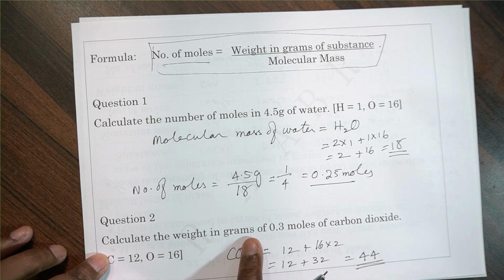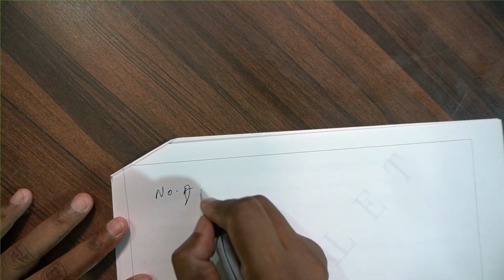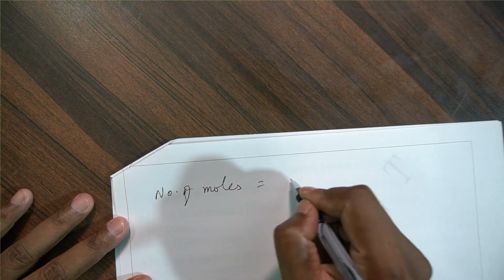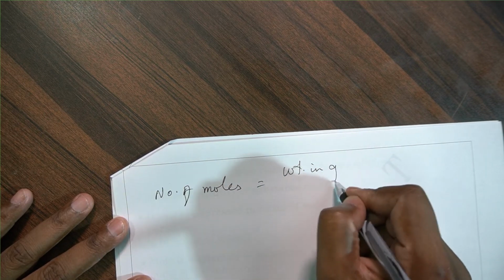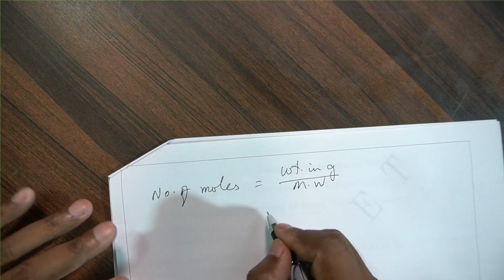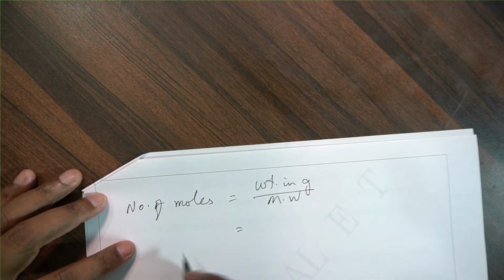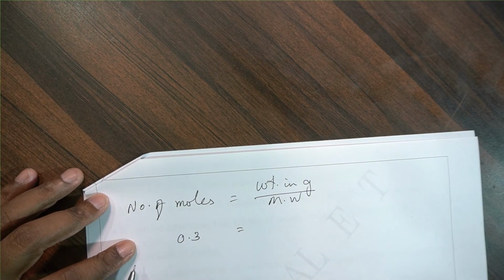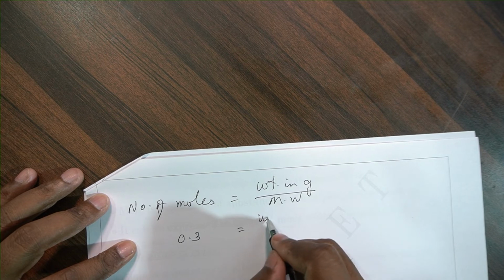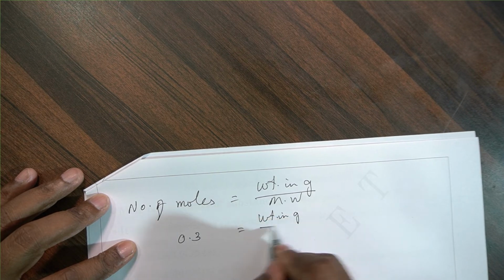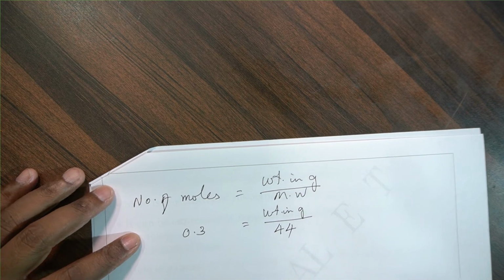Question says calculate the weight in grams of 0.3 moles of carbon dioxide. Let's write the formula. Number of moles is equal to weight in grams divided by molecular mass. What is asked here? Weight in grams is to be found. 0.3 moles of carbon dioxide is given. It's equal to weight in grams, which we have to find, divided by molecular mass we just calculated, 44.